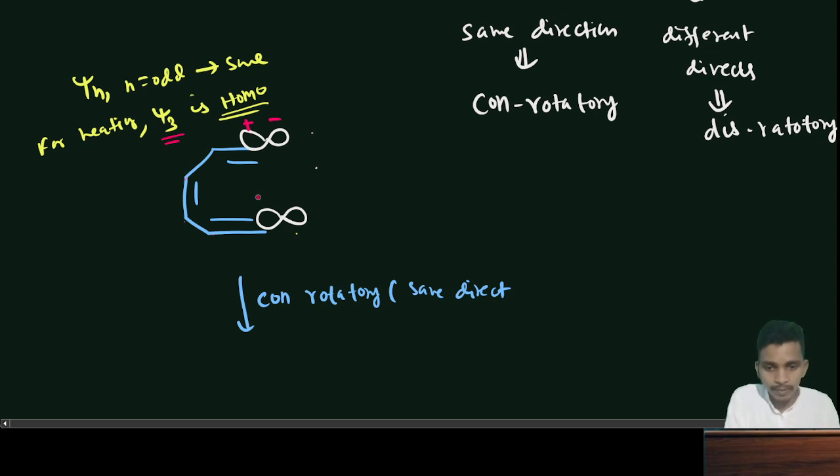It means this is positive, and again this should be positive, and this should be negative. So we draw the p orbitals in this manner, because this has the interactions, and since this is odd, the terminal lobes should have the same sign.